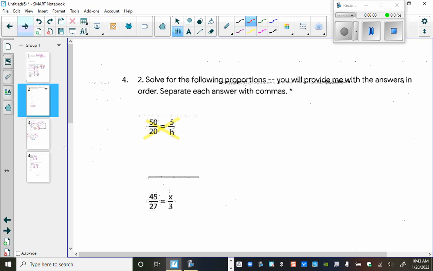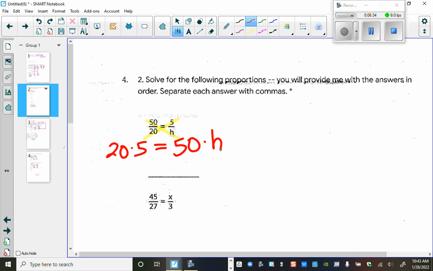You're just doing your diagonals. 20 times 5, 50 times h. Do the same thing. So the front and back of the first page is basically the same exact idea. So if you got the front page, you got the back page. So the first 8 problems on this homework, it's all the same way.